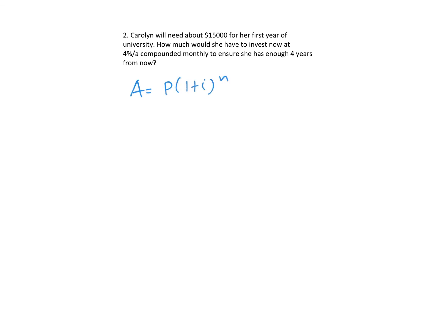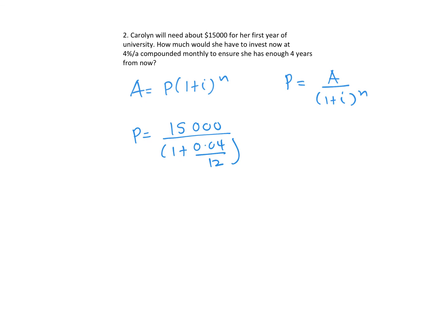So we could rearrange this for P, which is our starting amount. So we could divide the end amount by 1 plus I to the n. So she wants $15,000 at the end. The interest rate is 4%. It's compounded monthly, so divided by 12. And then 12 times 4 is 48.